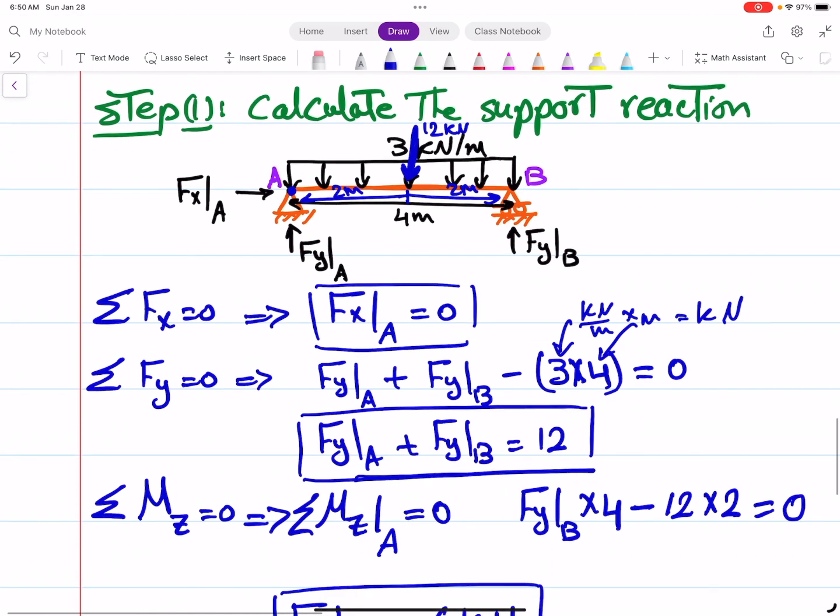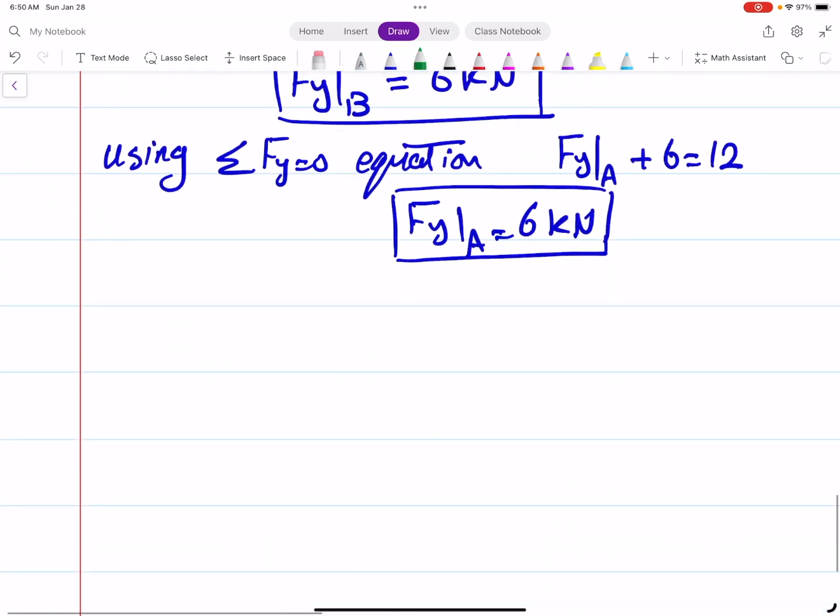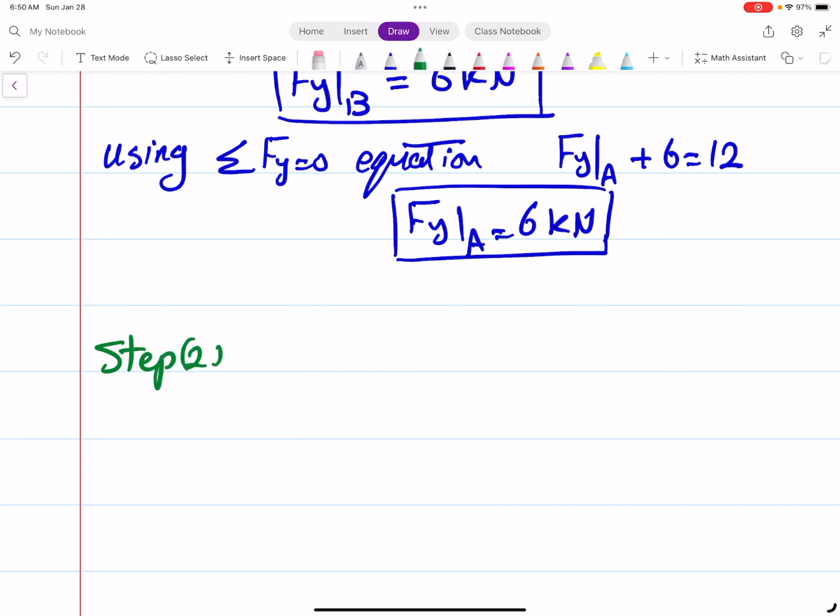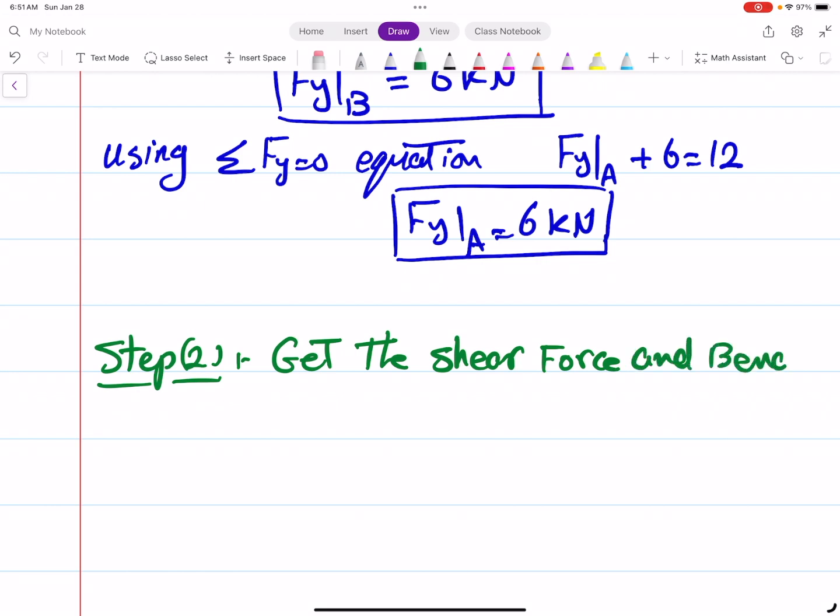The second step is to calculate the shear force and bending moment functions.